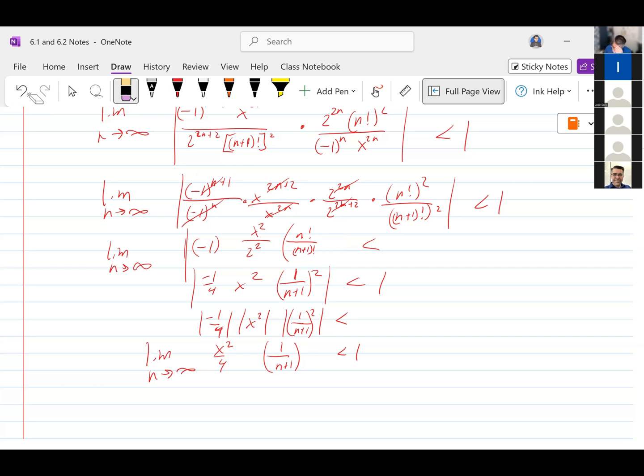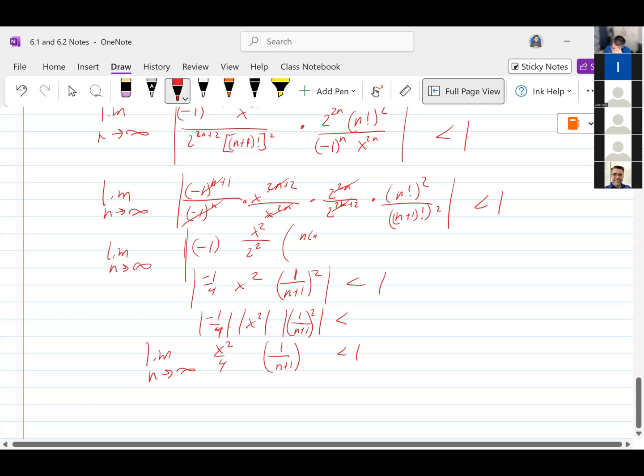Maybe I'll write it out: n times (n-1) times (n-2) dot dot dot 3, 2, 1 all over (n+1) times (n-1) (n-2) dot dot dot 3, 2, 1, all of that being squared.